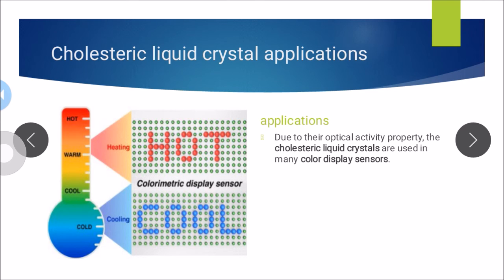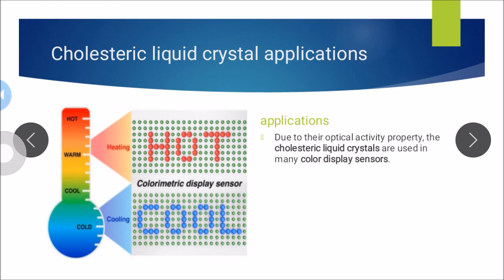And this is one of the displays shown by a cholesteric liquid crystal material. When the temperature is low, it shows cool, that is blue in color, and when it increases, it transforms to green, yellow, orange, and red. Due to their optical activity, cholesteric liquid crystals are used in many color display sensors.